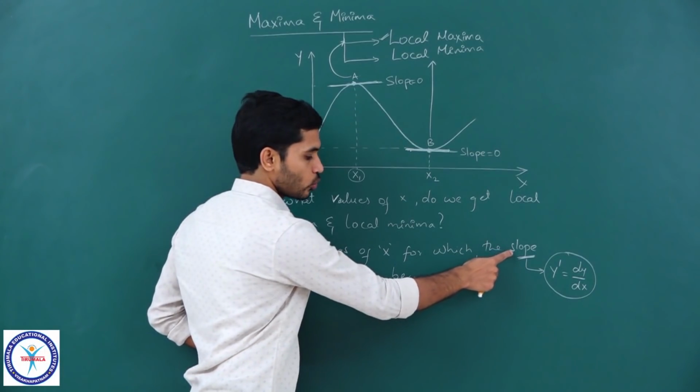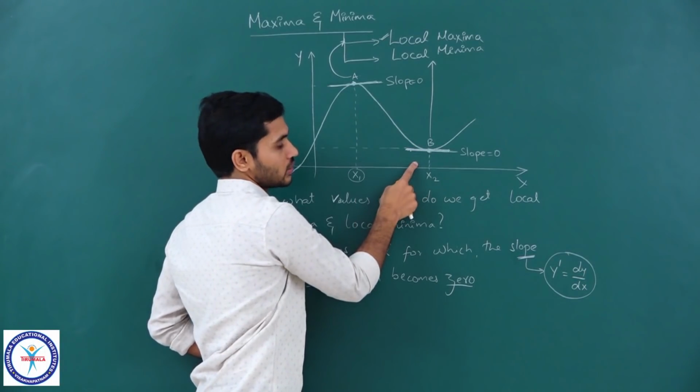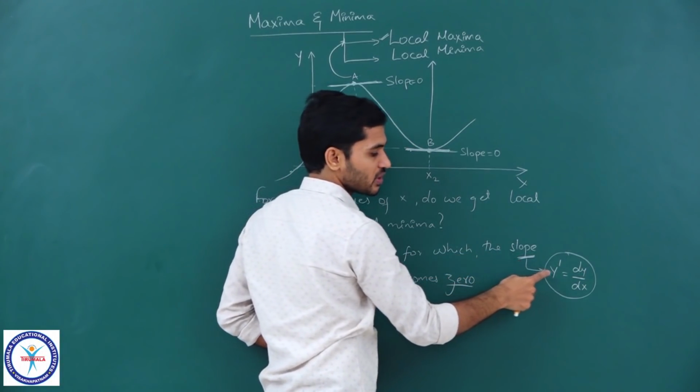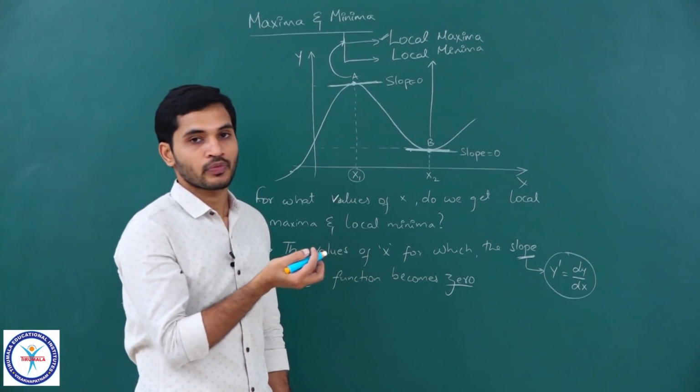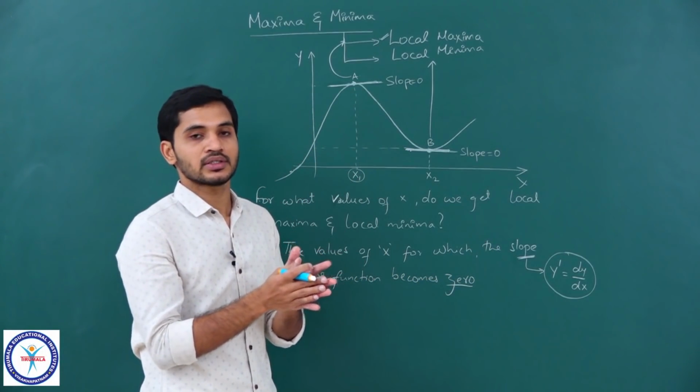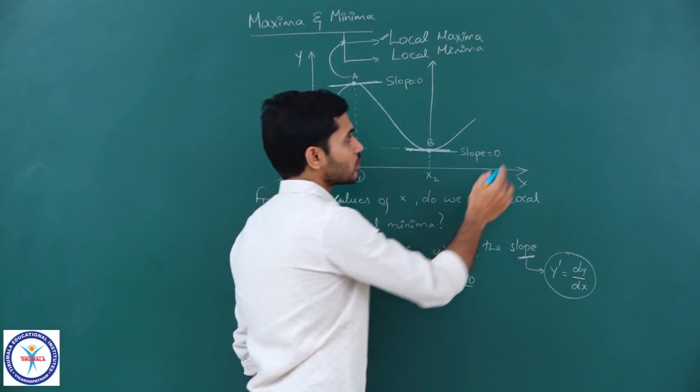Wherever the slope becomes 0, there we have maxima or minima. And what is slope? Slope is y dash, dy by dx. So, make dy by dx 0, and whatever values of x you get is where you get maxima or minima, clear? Let us take an example to understand that.